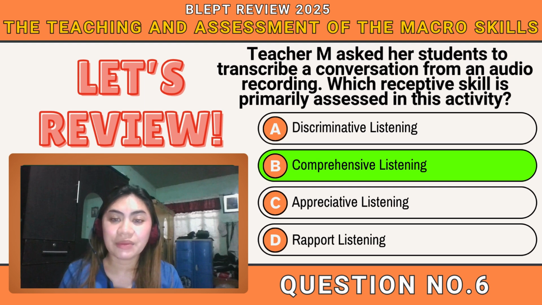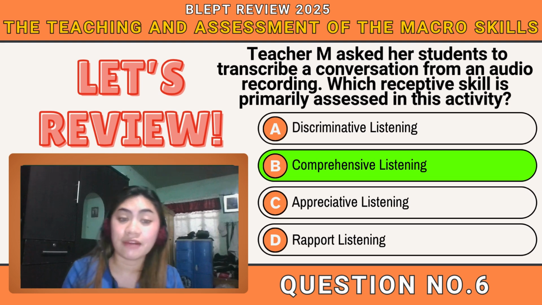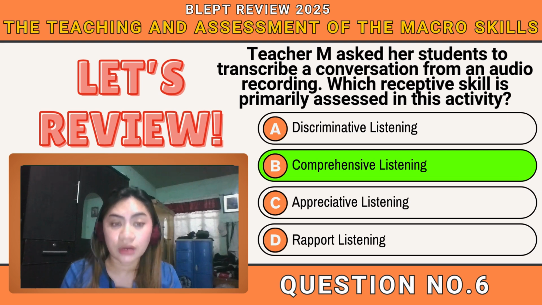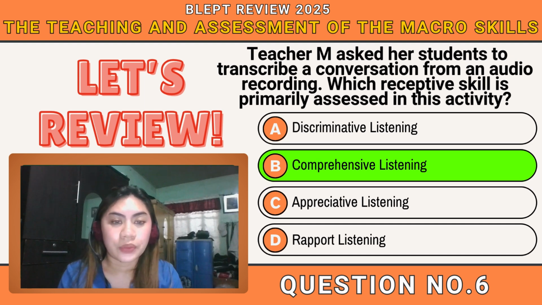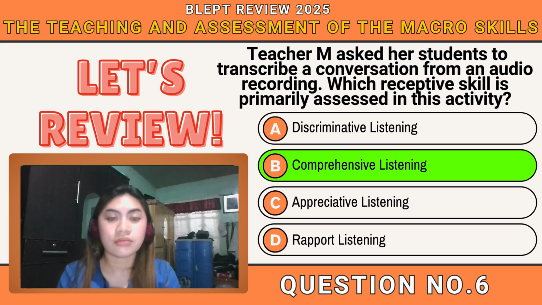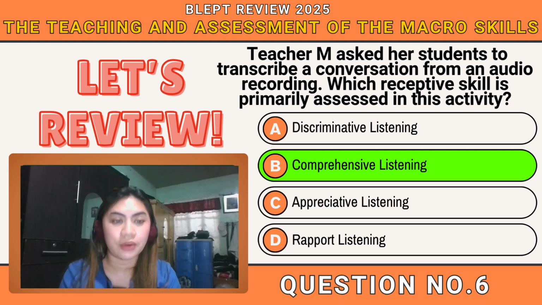So, discriminative, appreciative, and rapport listening are the distractors because discriminative listening is the most basic form of listening and it does not involve understanding of the meaning of words or phrases, but merely the different sounds that are produced. In the English language, you're just listening, the most basic form.